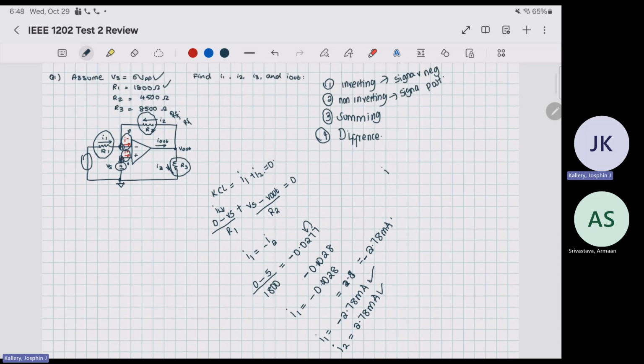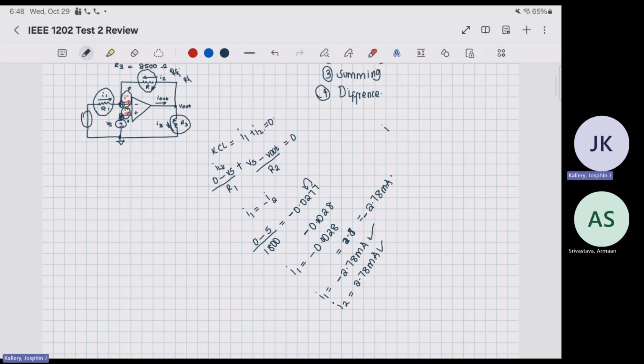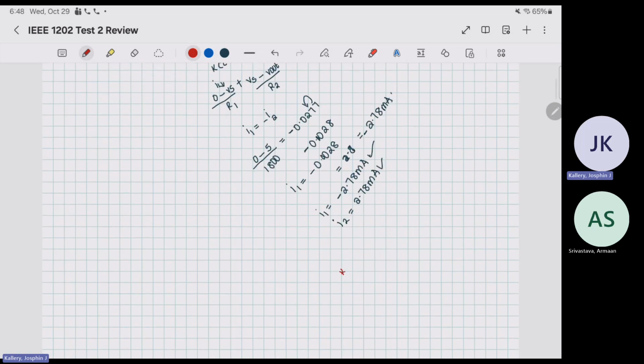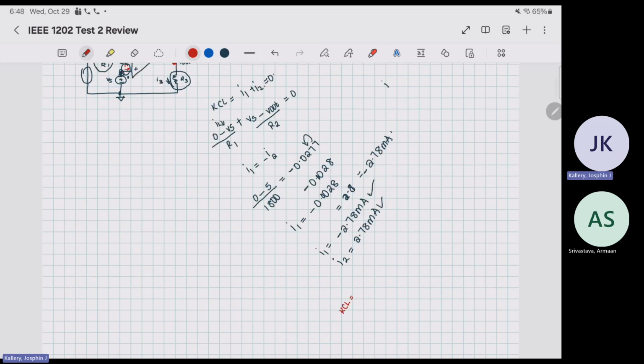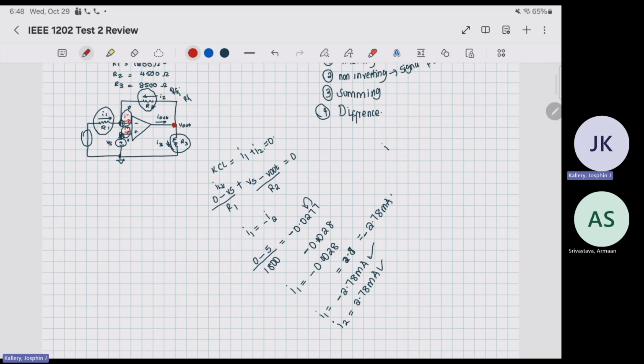And then we are trying to find I3. So for I3, we look at this node using KCL. We see that this current is coming out of this node, and this current is also coming out of this node. And we know KCL says the summation of the currents that come in and out of a node is equal to 0.